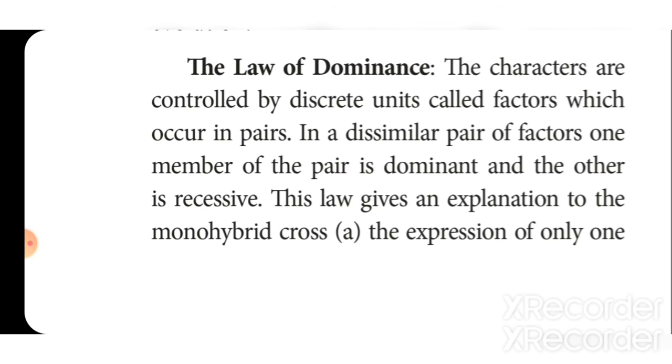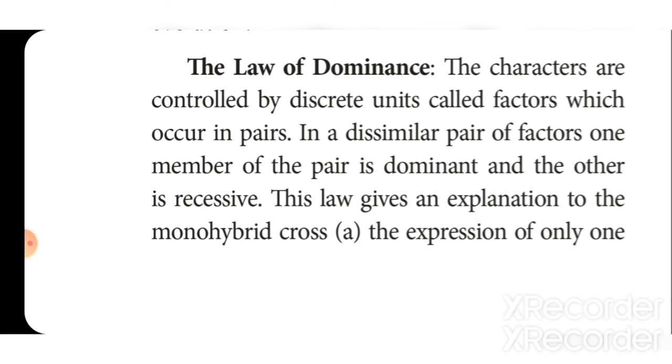The characters are controlled by discrete units called factors which occur in pairs. In a dissimilar pair of factors, one member of the pair is dominant and the other is recessive.